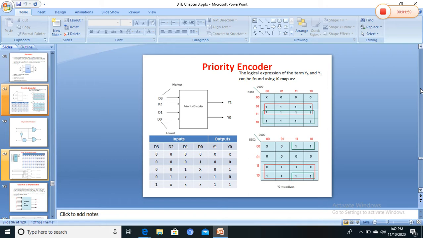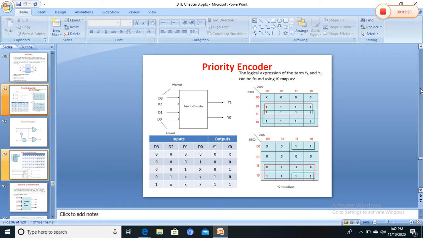This is the block diagram of the priority encoder, and this is the truth table of the priority encoder. From the truth table, we design the equations for Y0 and Y1, and from that we design the priority encoder. The logic is that priorities are given to the input lines.